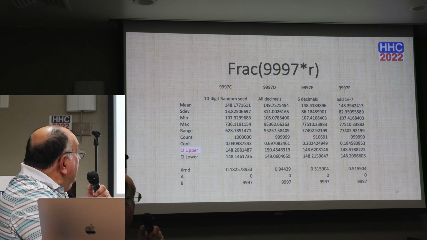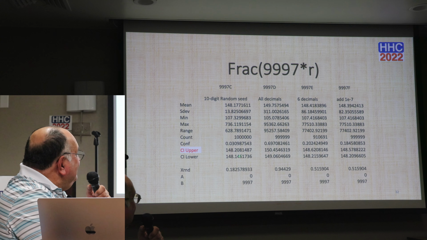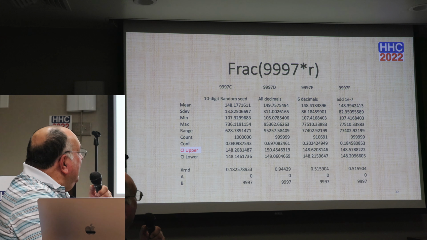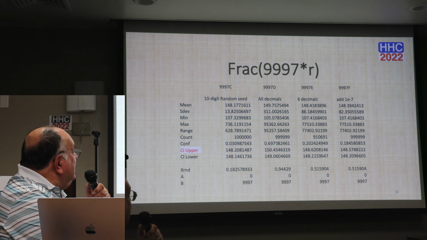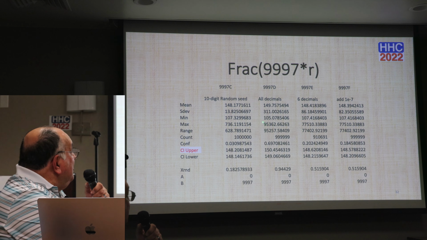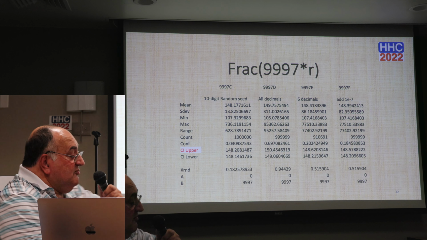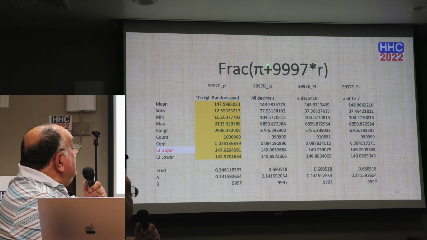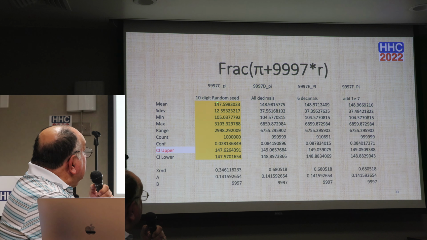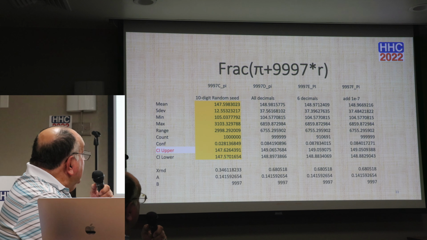The 9997 10-digit random seed is teeny better than the 997, but not the love that I'm looking for. And the same is true here. Here it does a bit worse because of the trailing zeros with 6 decimals. And if I add pi to it, the 10-digit random seed does better.